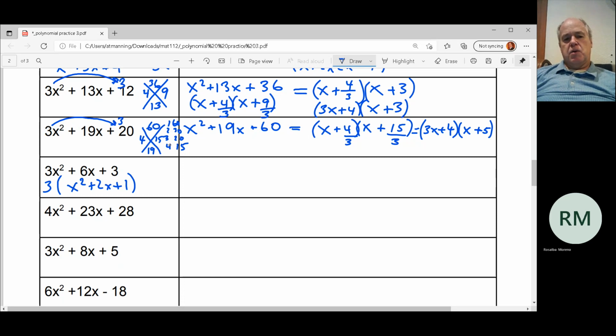Well, that's x plus 1 squared. Start to recognize the simpler polynomials. I already know now that that's 3 times x plus 1 times x plus 1. Or I would also accept 3 times x plus 1, that quantity squared.